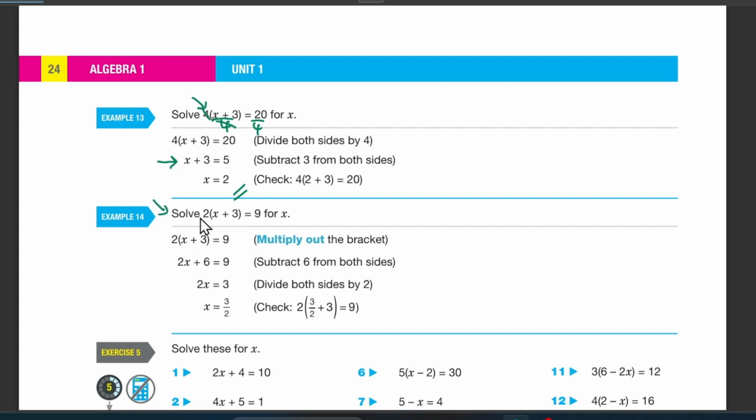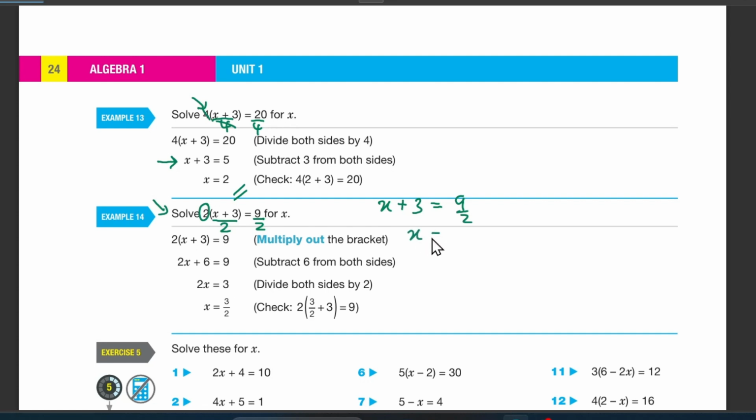And if you look at this, you can identify that the first thing here also is to get rid of this 2. So to do that, I divide both sides by 2. Okay. And now I get, okay, so there's two ways to do that. If you divide it by 2, it's also fine. Then I get 9 divided by 2.